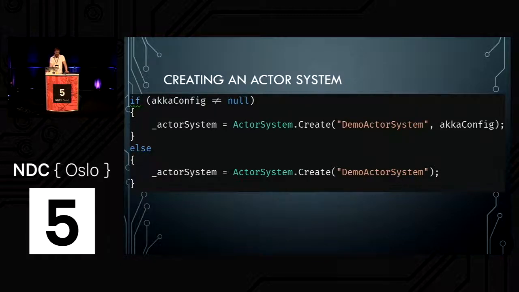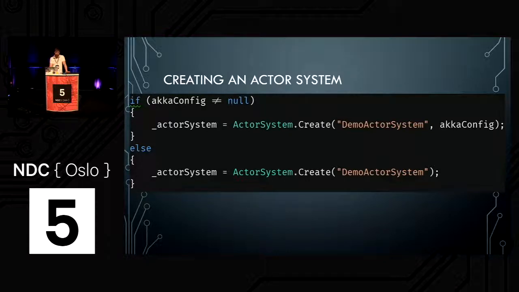So to create the actor system itself in Akka, use the static create method on actor system. You'll notice here that I've got two different variants of that. We have one that takes in the configuration, and then we have one that doesn't. And they're both the same, really. It's just that the one that doesn't take in an explicit configuration object will read the configuration from your app config or web config or other places that you can put it.